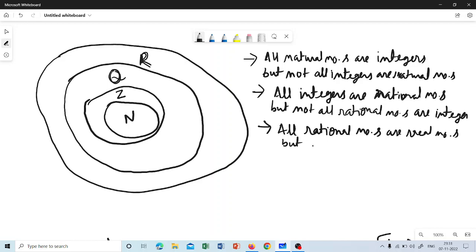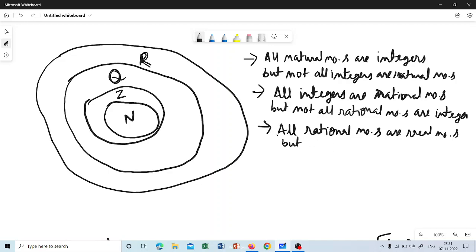But not all real numbers are rational, because real numbers include rational and irrational numbers, right?